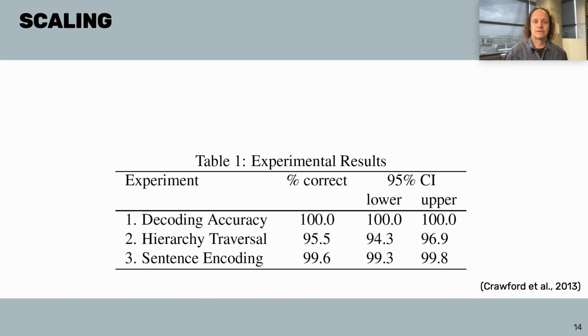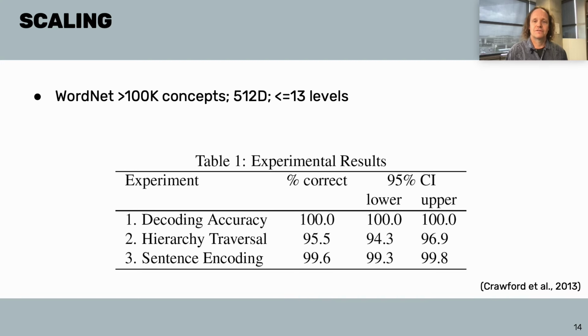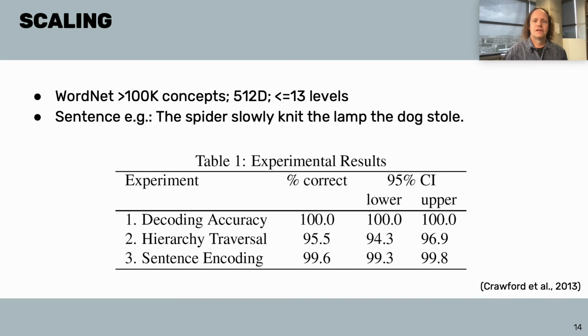And last but not least, we're saying, okay, can we take those same concept representations, encode them into more complicated structures, and then still perform those same kinds of processing tasks so we can recognize what all the concepts are? And again, the answer is yes. And I just want to give you a quick example of the kind of sentences that we're encoding things in. So for instance, here we can see an example sentence.